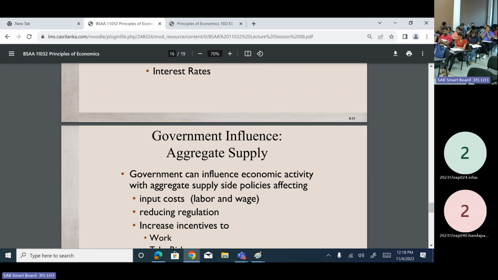Any questions from this? Aggregate demand, aggregate supply compared to market demand and market supply for a particular product.